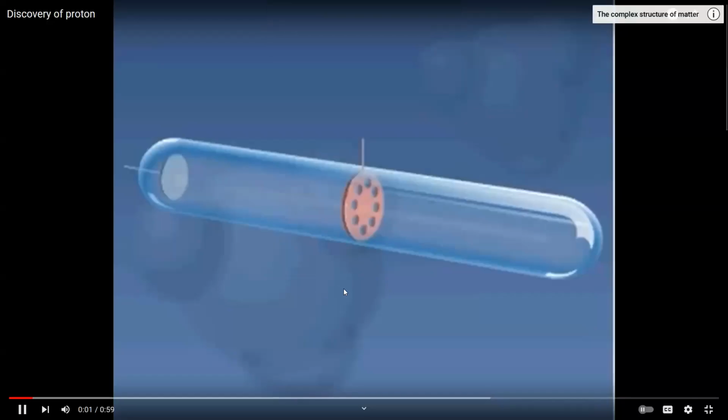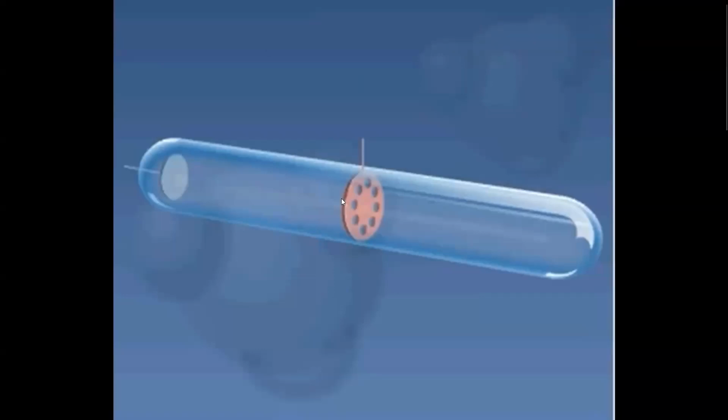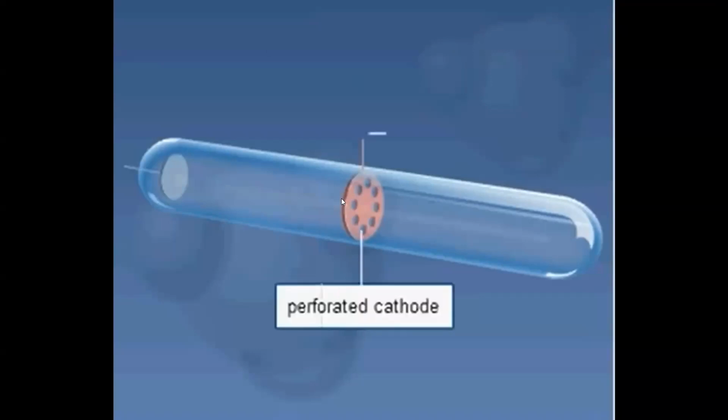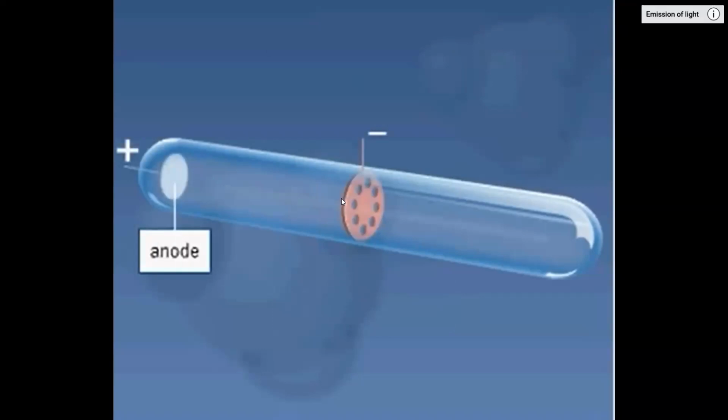The existence of positively charged massive particles, known as protons, came also from experiments with modified cathode ray tubes. The perforated cathode was placed in the middle, and a plain anode at one end of the tube. The tube was filled with hydrogen gas at very low pressure.